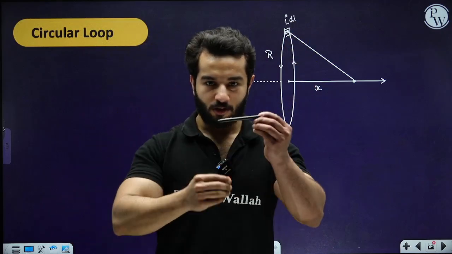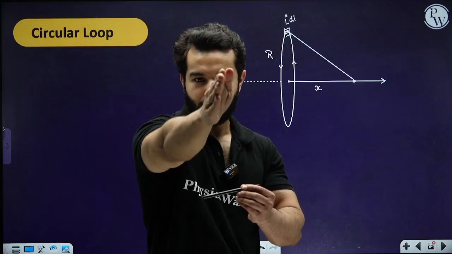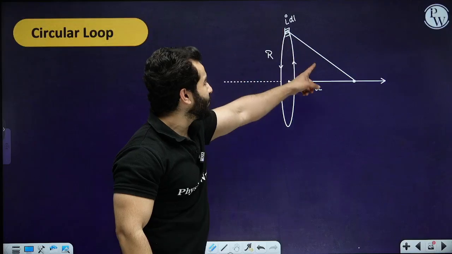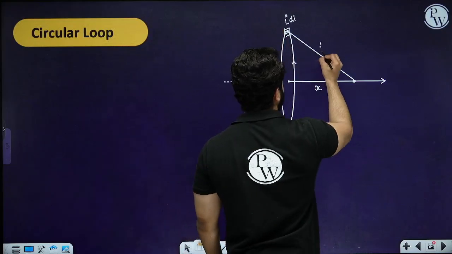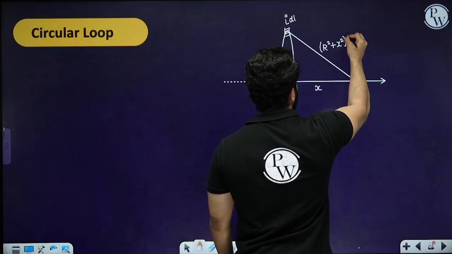If this was the loop, IDL is going to have the direction towards you, towards the camera, right? And the angle which this IDL makes with this position vector, which will have magnitude root of R square plus X square.